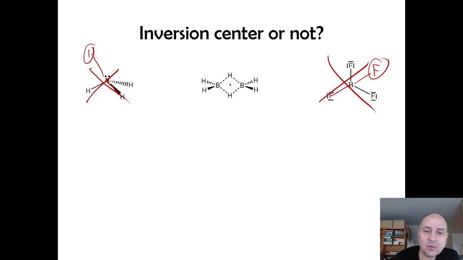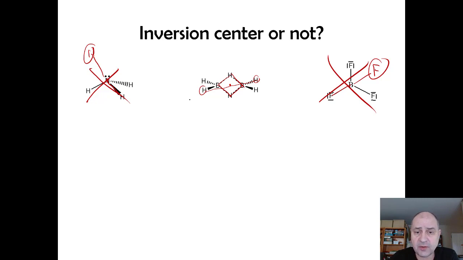Diborane does have an inversion center, and so the square here, the boron hydrogen boron square, is easy to see. It's a little trickier to see that these project into each other, but they do.